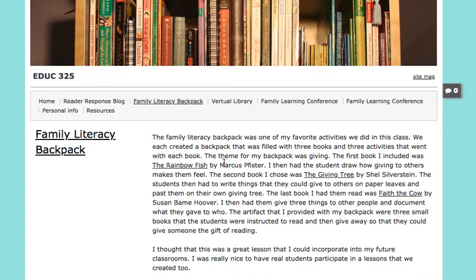Some of them were activities where they were writing, others they had to draw something, and the last activity they actually had to give 3 things to people, whether those things were actions like a hug or an encouragement, or something like giving somebody a pencil that needed it or giving out food to the homeless. They needed to physically give something and then document that process.